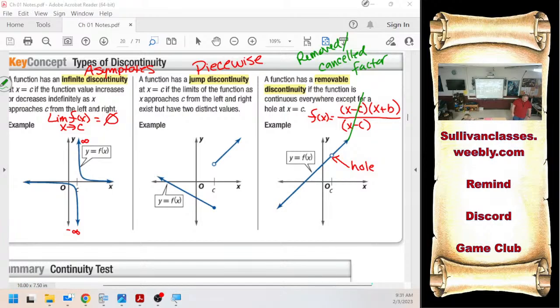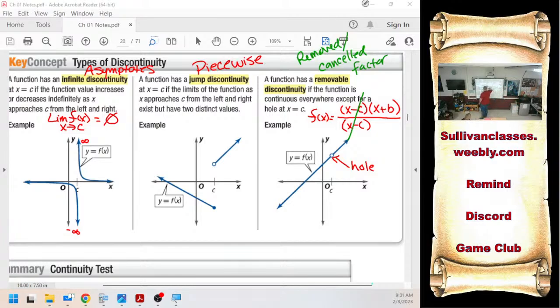That is not nice tech. So it's not going to show you the hole. We have gotten it to display once before, and we had to make our window ridiculous, less than a 10,000th of a unit, and there was just the tiniest 1 pixel break in the line. So you got to know that the calculator is never showing you this. You have to get it from the function itself.